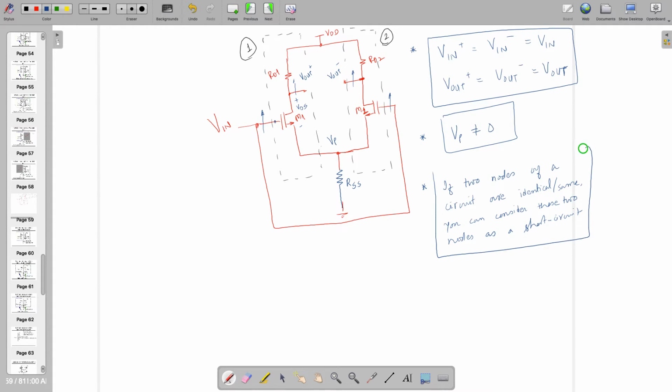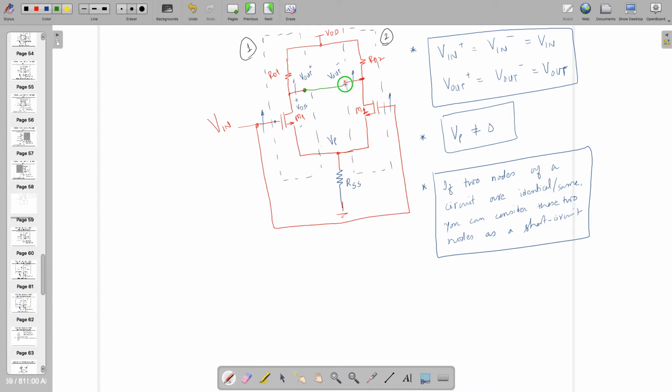So this is an important theory. I found out that Vout plus and Vout minus are equal, as Vin plus and Vin minus were equal, so they were identical, and that's why we shorted them.